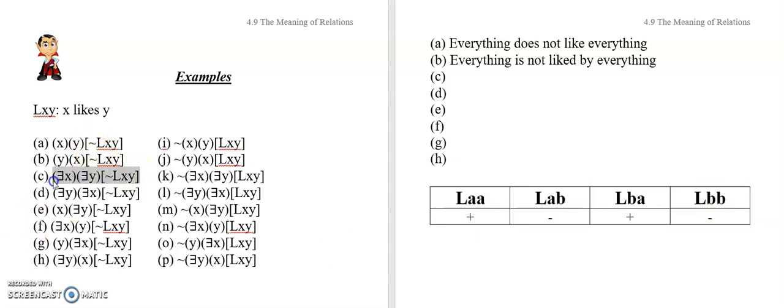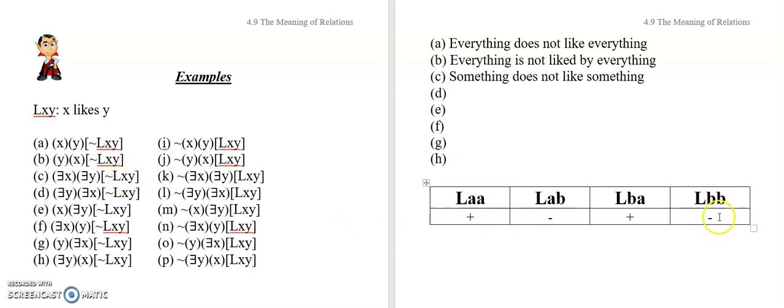Let's try this one. At least one thing, not LXY. So at least one thing in our domain does not like at least one thing in our domain. I'll translate that as: something does not like something. Something does not like something. Maybe it doesn't like itself, maybe it's the other thing it doesn't like, but for some pair, AA, AB, BA, BB, they don't like that thing.